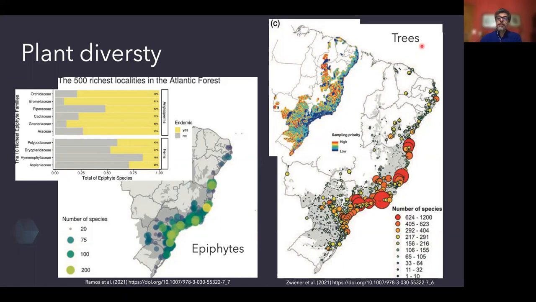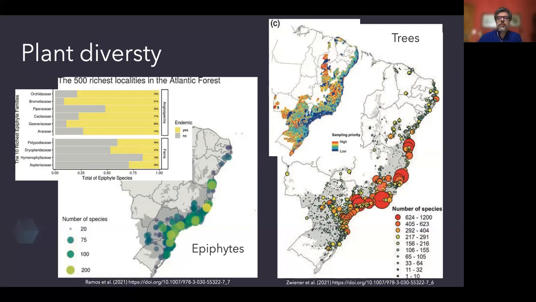When you look at trees in general, you have a trend of higher diversity in the south of Bahia, here in Espírito Santo, in Rio and São Paulo, in the Serra do Mar, especially here in Rio.